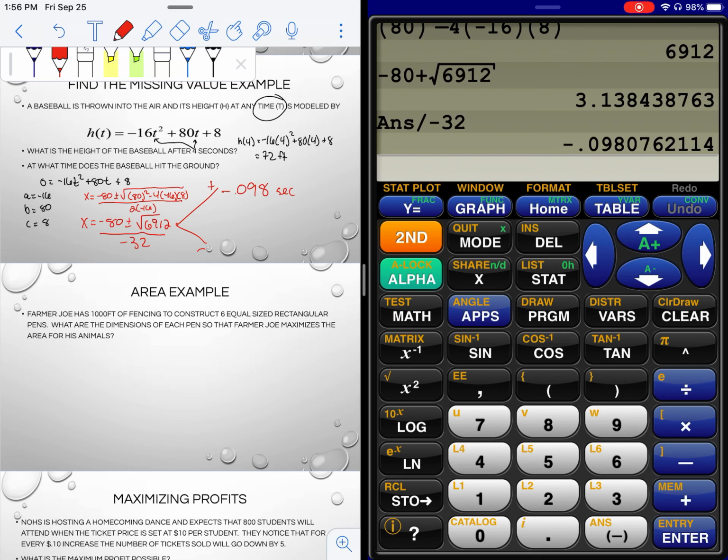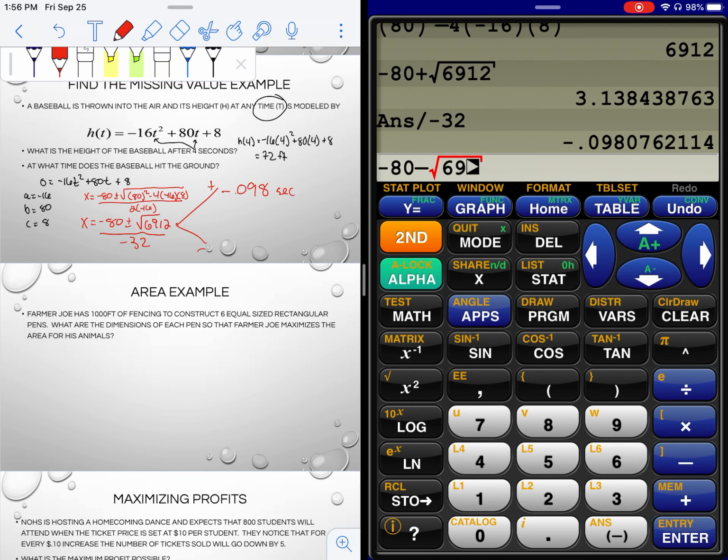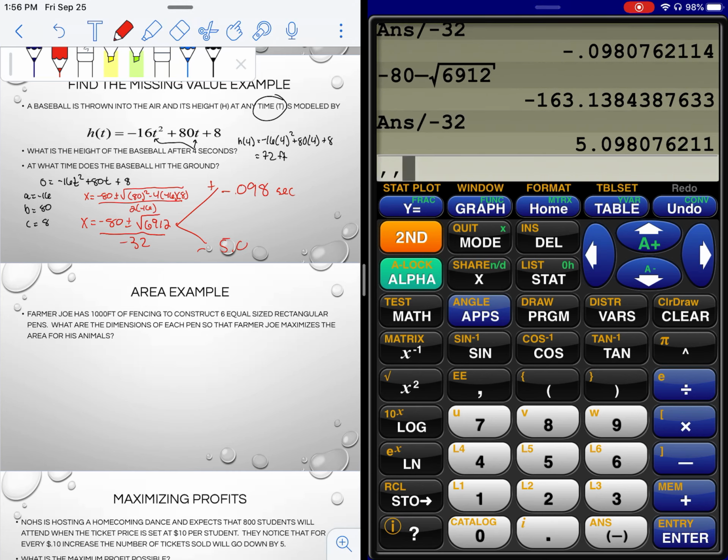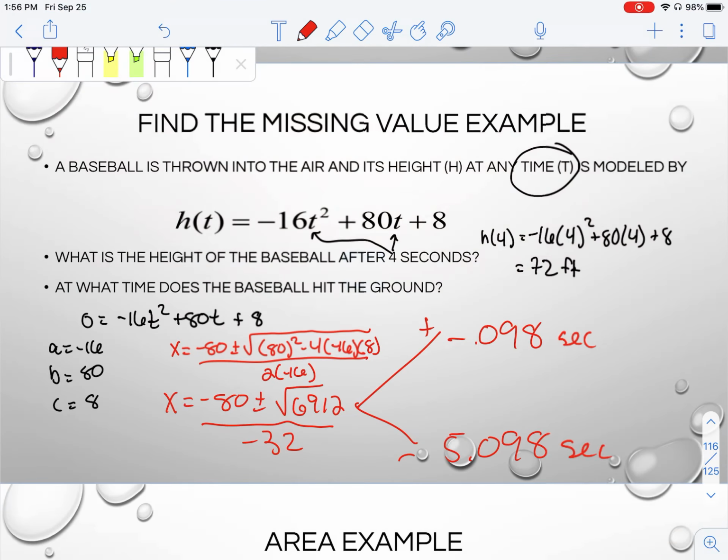And then the subtraction piece, negative 80 minus the square root of 6,912. Hit enter and divide by negative 32. 5.098 seconds. Okay, so when answering this question, you can't say, oh, it hit the ground after negative 0.098 seconds.